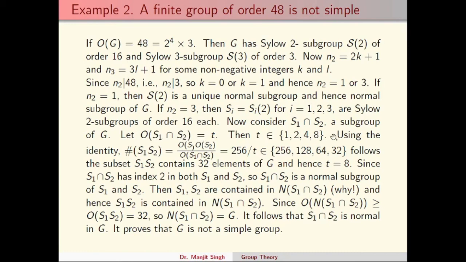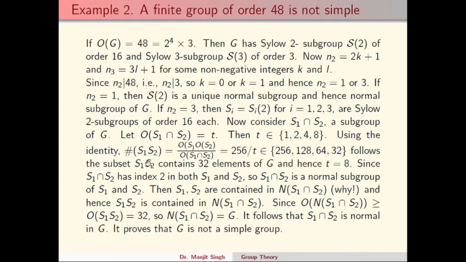The set S1 S2 may not be a subgroup, but it is a subset of G, and the number of elements in it is the order of S1 times the order of S2 divided by T, which is 256 upon T. Because S1 S2 is a subset of G, it cannot have 256 elements, 128 elements or 64 elements.